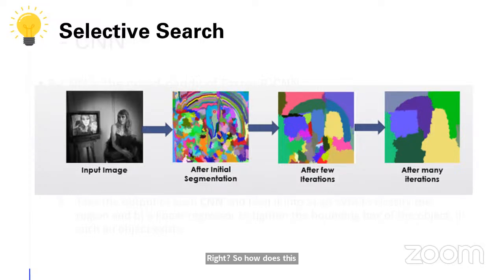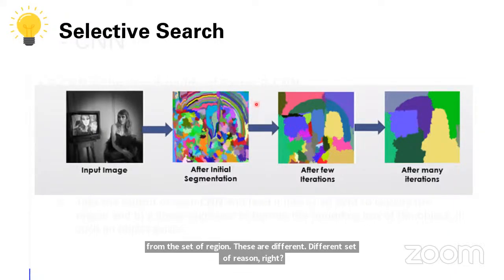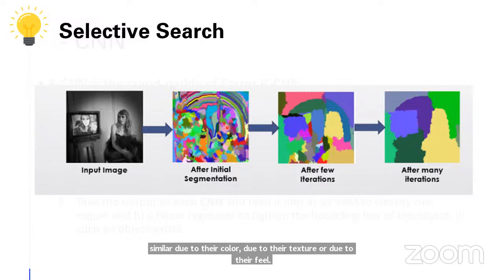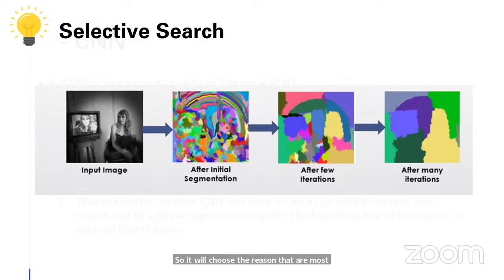From the set of regions, it will choose the two that are most similar. For example, here these two regions are most similar, and they can be similar due to their color, their texture, or their fill. It will choose the most similar regions, combine them into a single larger region, and again repeat these two steps for multiple iterations.